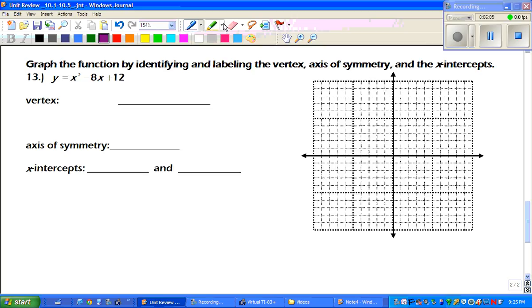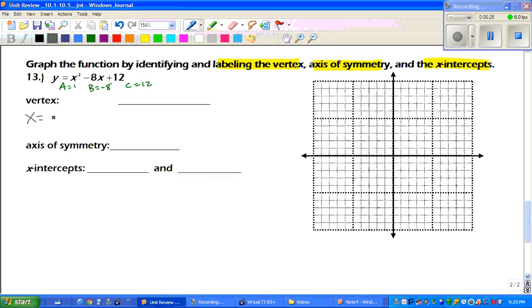Let's get started. Now, this says to graph the function by identifying and labeling the vertex, axis of symmetry, and the x-intercepts. So let's go ahead and do that. We need to know that A is 1, B is -8, and C is 12.